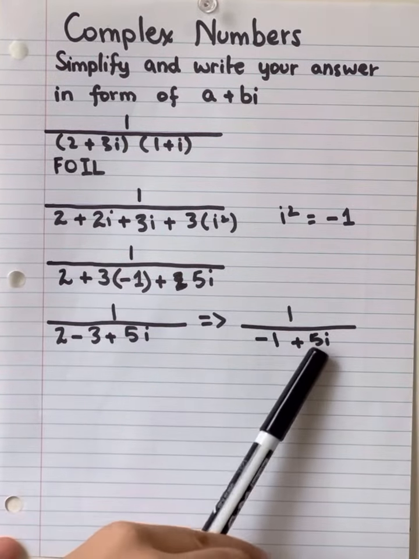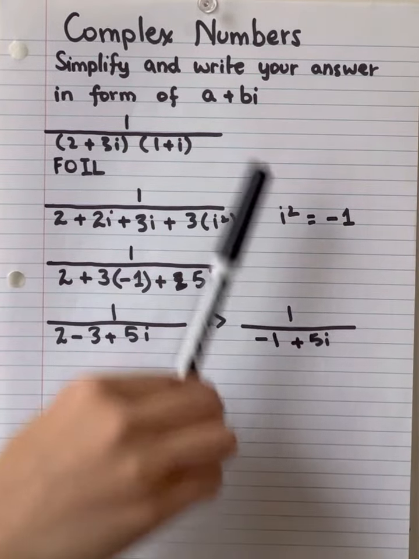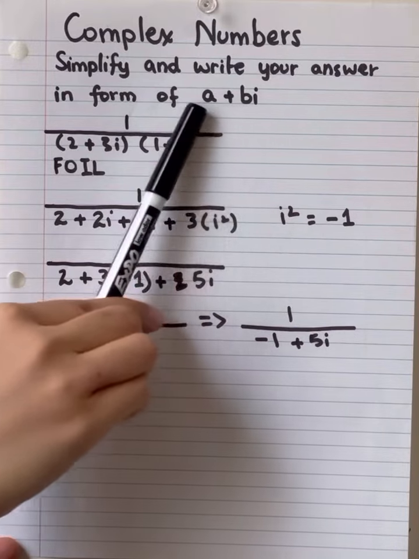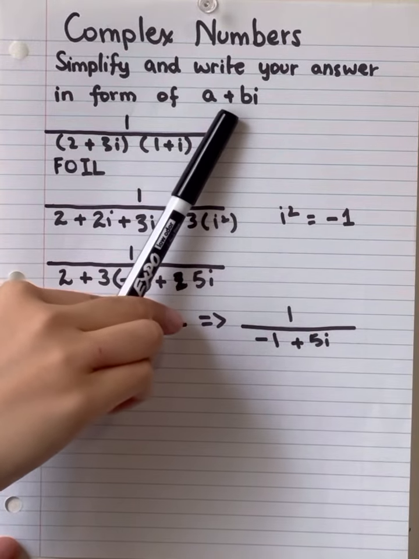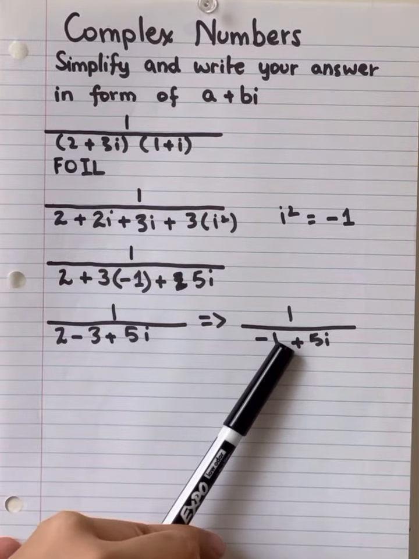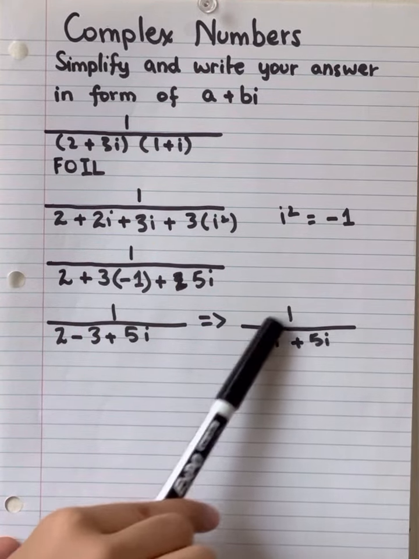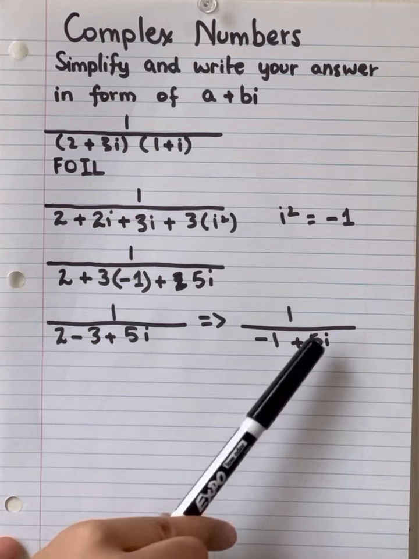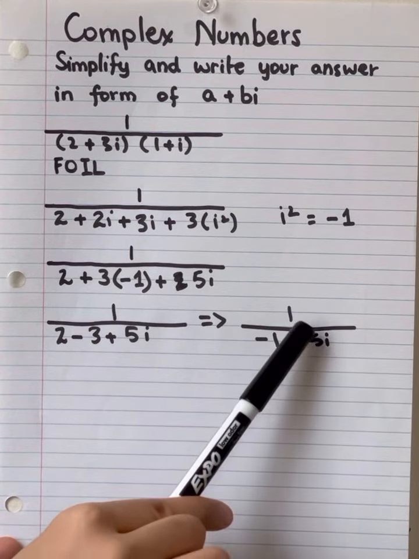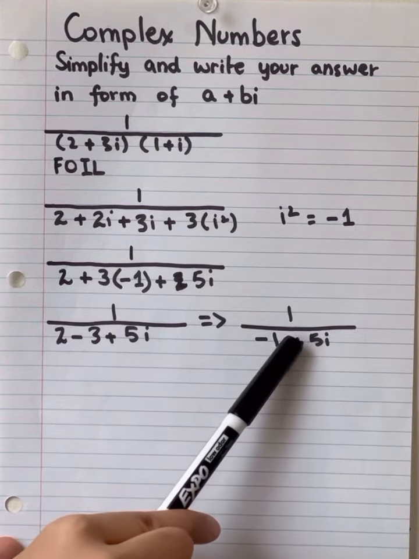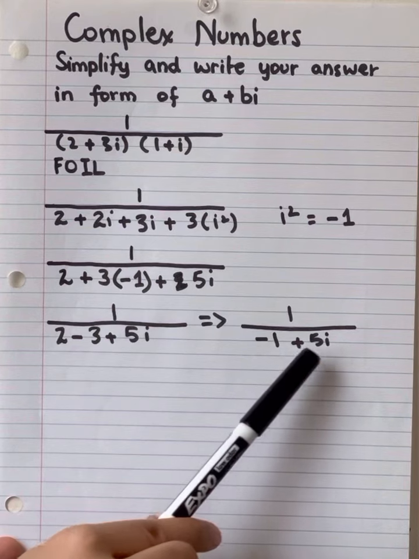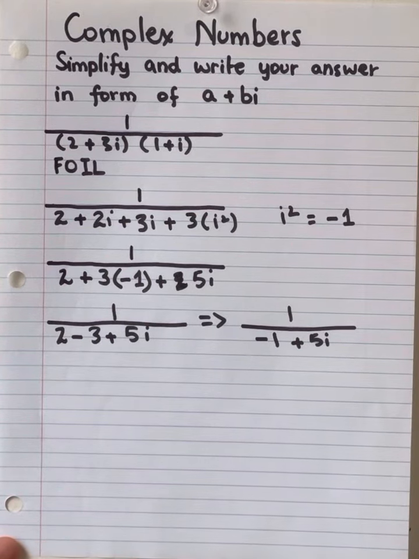Now our imaginary number is still in the denominator and it's not in the numerator like it's asking us in the question. So we're dividing 1 by a complex number. What we're going to do is multiply the numerator and denominator by the conjugate of the denominator. And what's the conjugate?